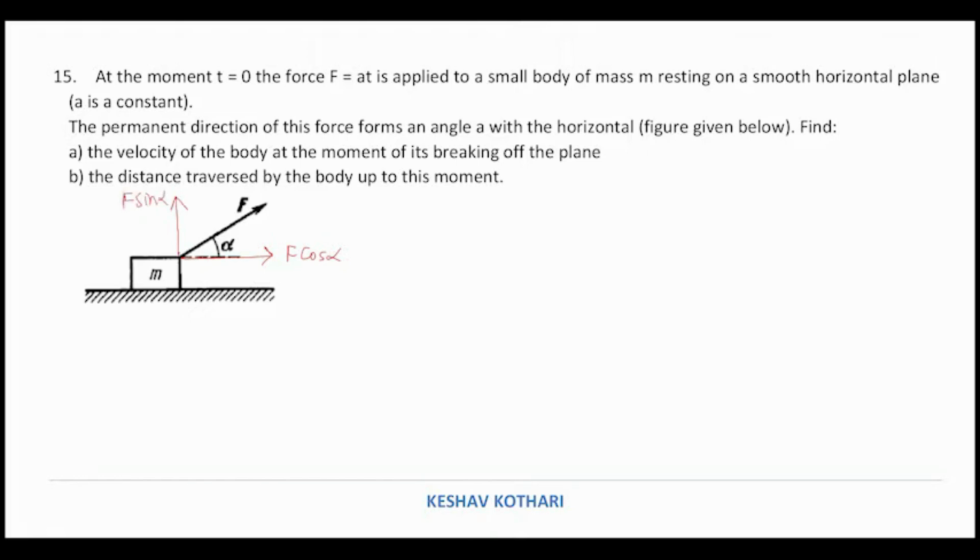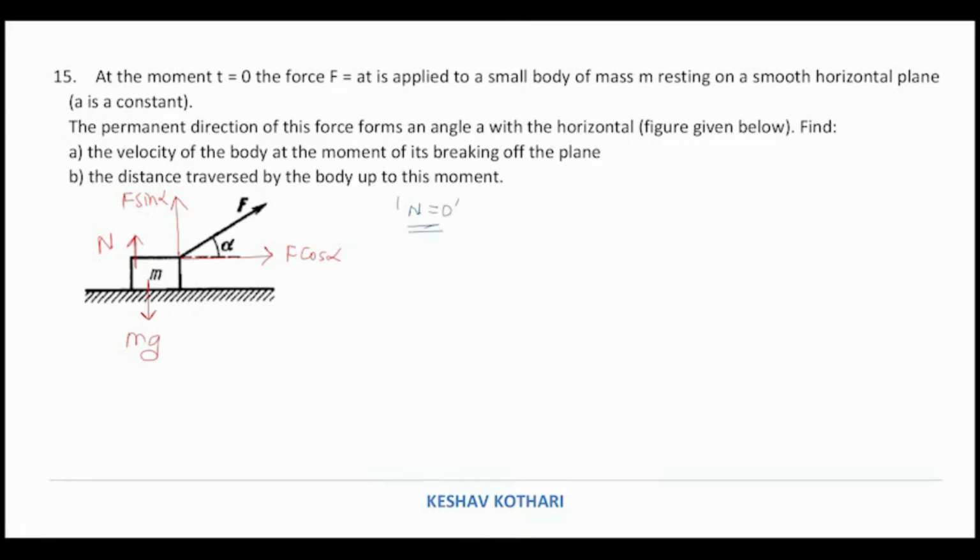A weight mg is acting in the downward direction, and at any instant of time a normal reaction force N will act. Now, when the mass is losing contact with the ground, to calculate the time when it loses contact, the moment it loses contact with the ground, the normal reaction force is going to become 0.